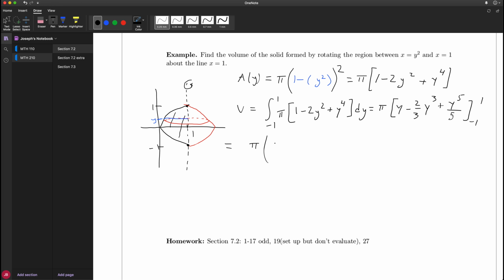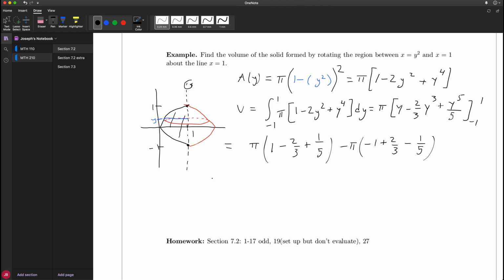We're going to get 1 minus 2/3 plus 1/5 minus pi times parentheses. Plug in -1, you get -1. Now let's do this together here, class. So we get -1 cubed is -1, but it's after that, so I think that's going to be a plus 2/3. And now here, negative 1 to the fifth is negative 1, so we get minus 1/5.